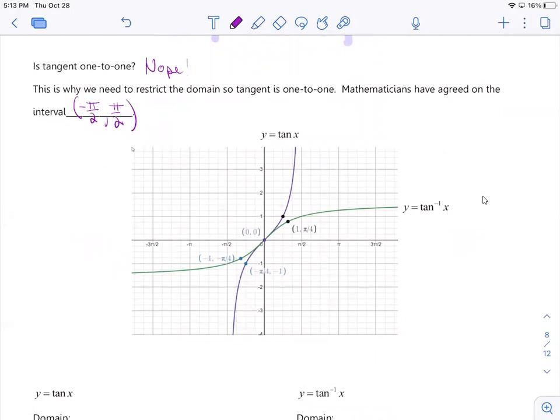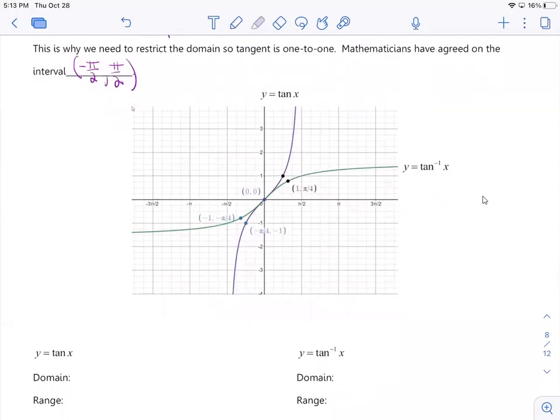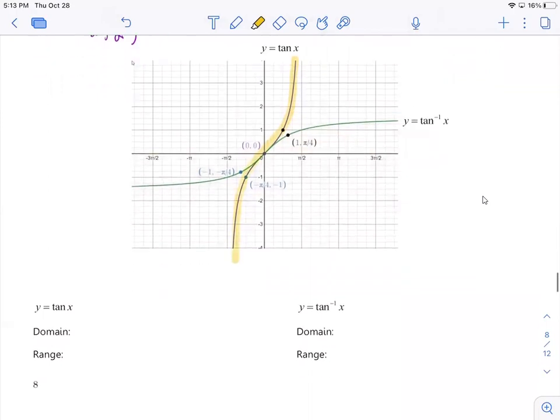Now, when you're looking at just this purple tangent graph, what is your domain? Well, it's negative pi over 2 to pi over 2. It can't be those because that's where it has asymptotes. It's undefined, so it's parentheses.